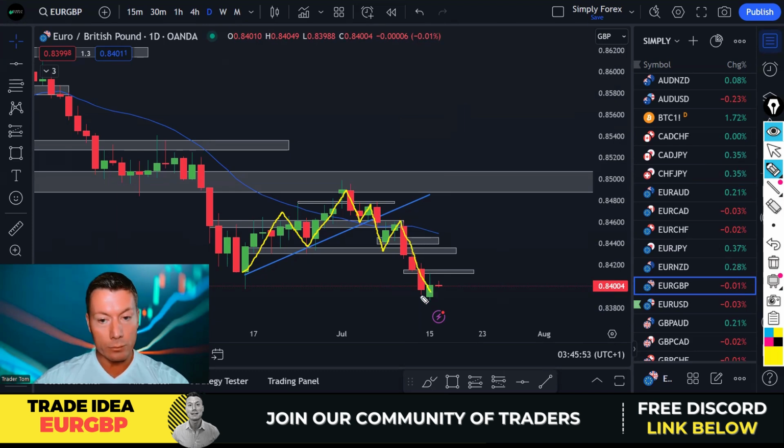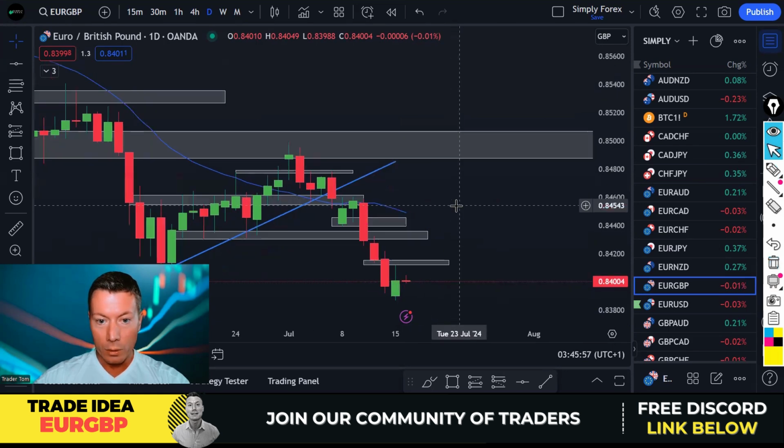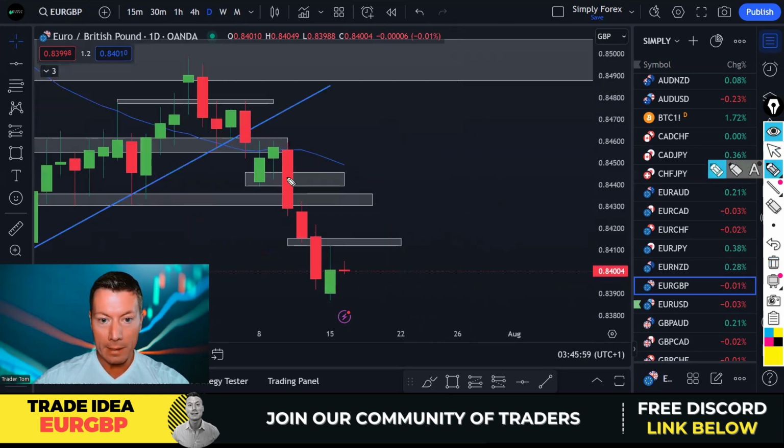We are in a downtrend, so trend, tick. We have bearish, bearish, bearish. Even yesterday's candle is bearish because of that rejection wick. So tick, we got candles. We've bounced off an area of resistance, tick. Lots of things to like about this trade.